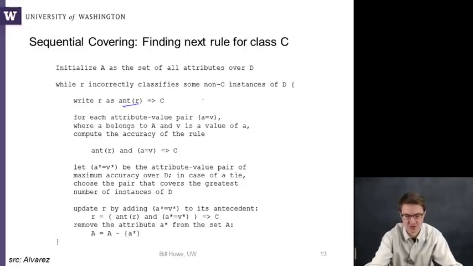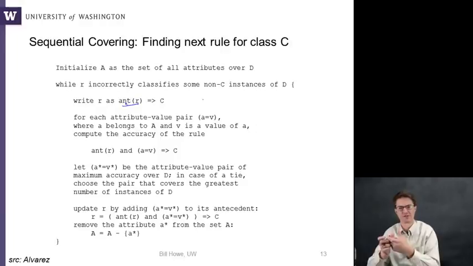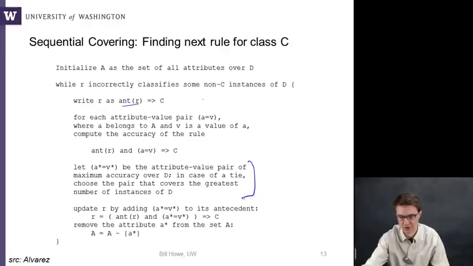And so that's what this notation is just trying to show, so you can have the prefix of the rule and keep adding one more condition, one more equality condition to the rule one by one. Okay. But the point here is that you're still looking for the attribute value pair that has the maximum accuracy.